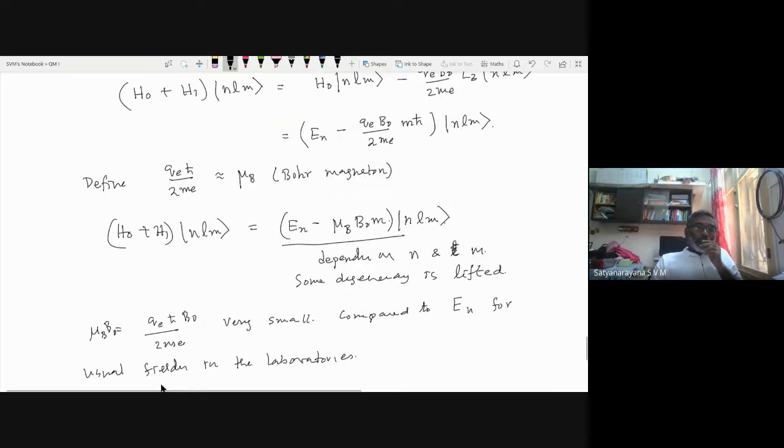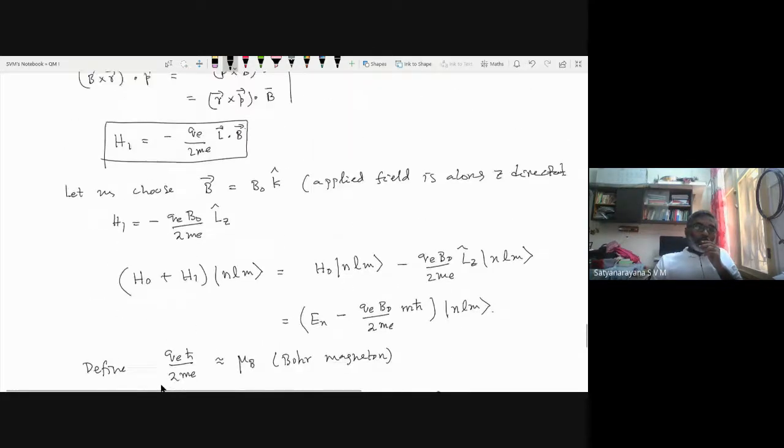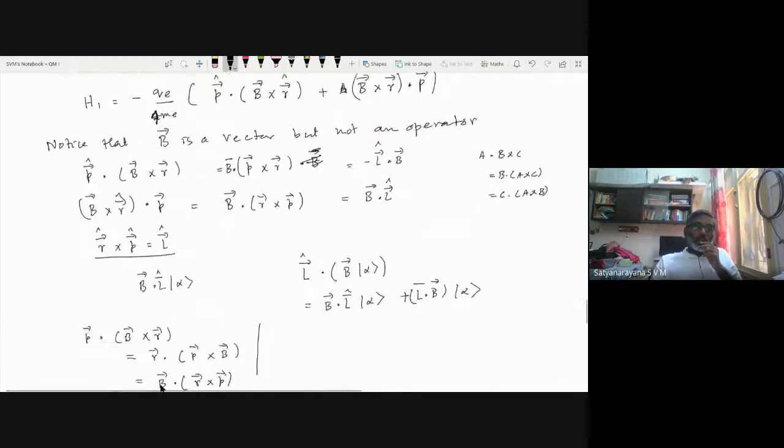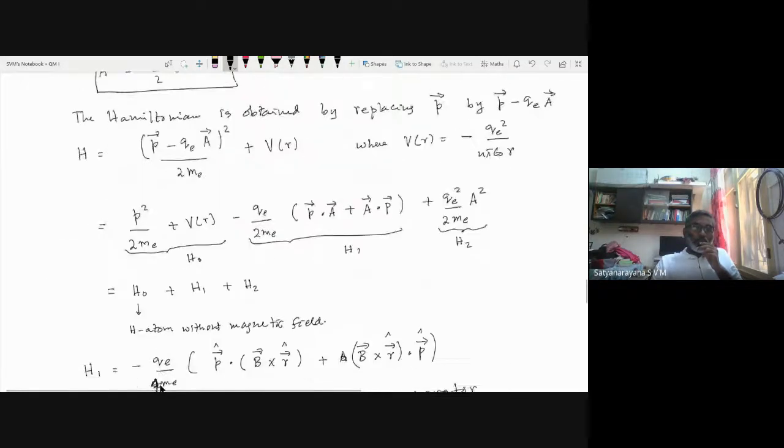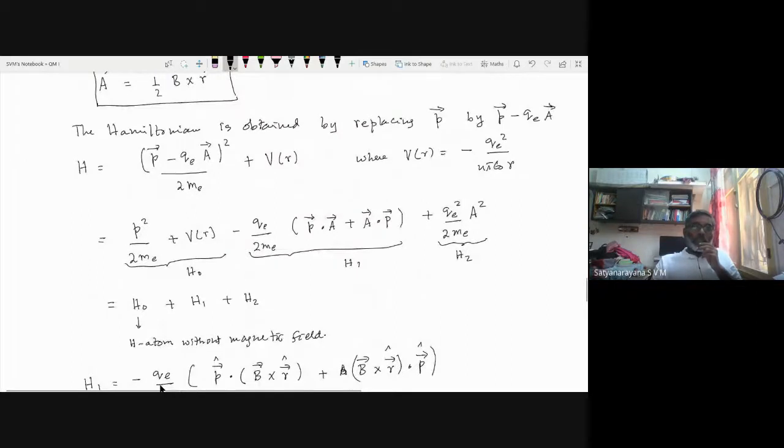Now the second term is much smaller than the first term itself, because you remember this A is like amplitude, the vector potential amplitude, and it is A square. So this is even weaker.